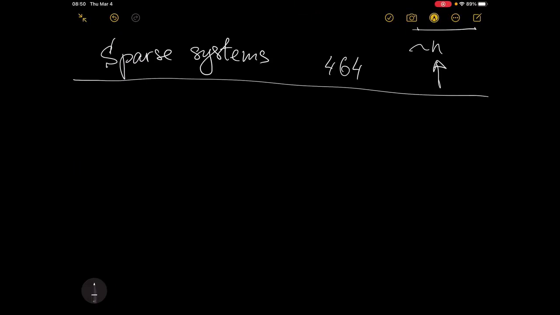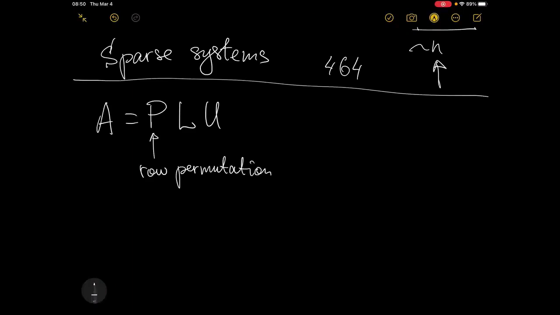Okay, now all I want to say, essentially this is what we are doing. We are considering matrix A, and let us forget about pivoting for a second, right? Or okay, let us say we use pivoting, PLU. But pivoting essentially tells us how we exchange rows, right? Row permutation, permutation matrix. Which essentially means that this matrix P does nothing else but permute rows.